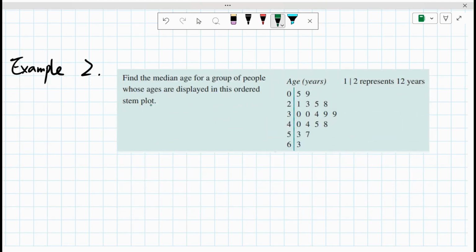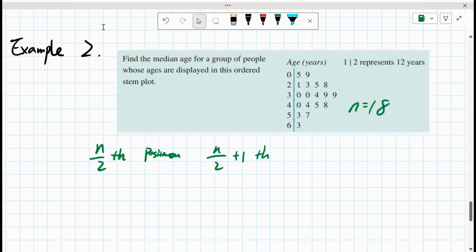Now we have 1, 2, 3, 4, 5, 6, 7, 8, 9, 10, 11, 12, 13, 14, 15, 16, 17, 18. So we have n equal to 18. We have to find two different things. First, we find the n divided by 2 position, and the n divided by 2 plus 1 position. Sorry, let me correct that: n divided by 2, plus 1 position.